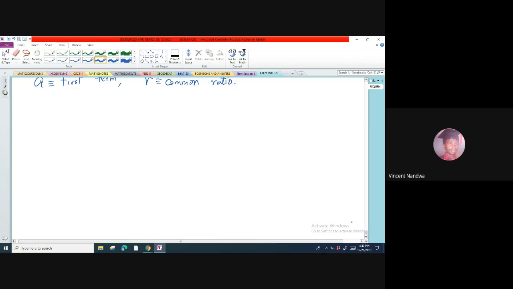So this is how we do this. If R equals 1, then Sn will be given by A plus A plus A plus A, which is Na, which approaches plus or minus infinity.